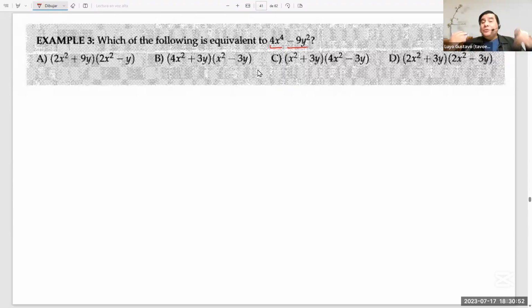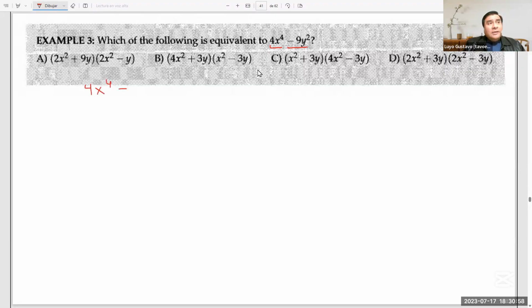If you were able to do that, then good for you, because clearly 4x to the 4th is the square of 2x squared. The square of 2 is 4, the square of x squared is x to the 4th. So what about 9y squared? Is this the square of something too? Yes. This is the square of 3y.